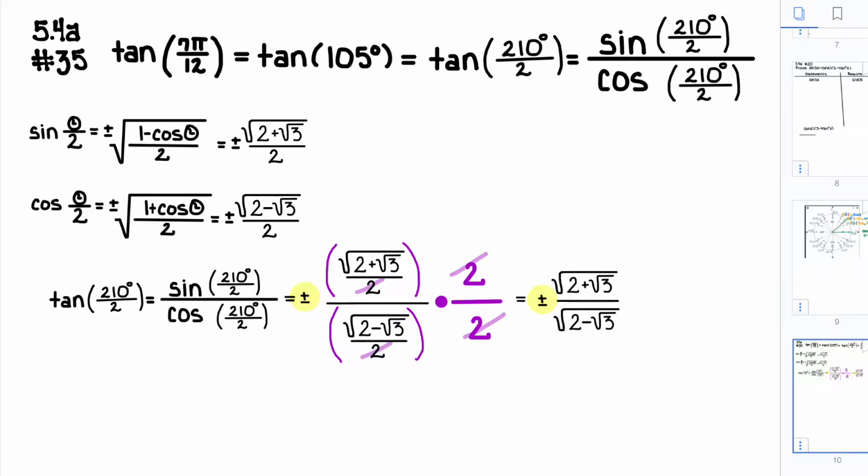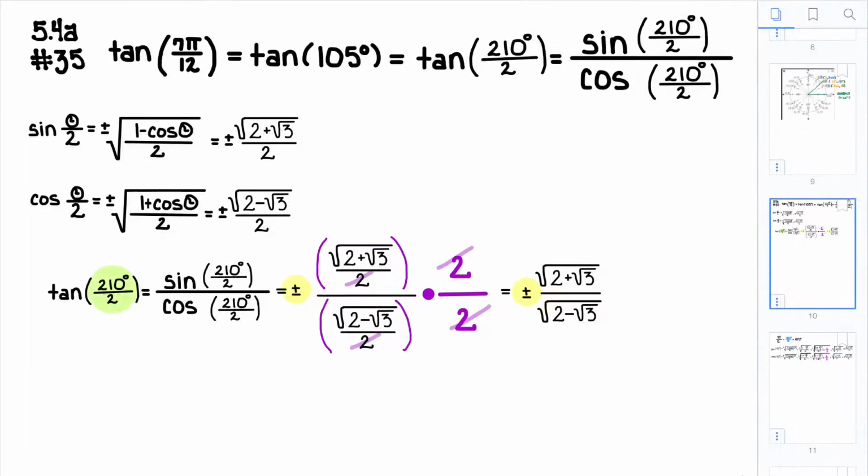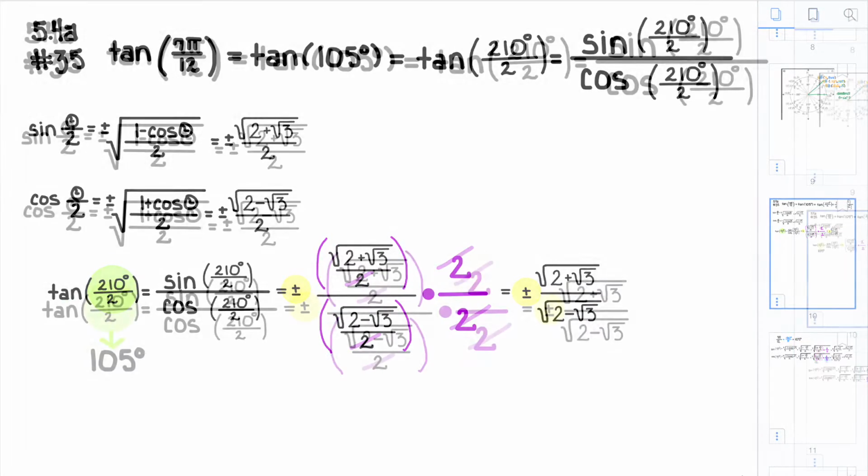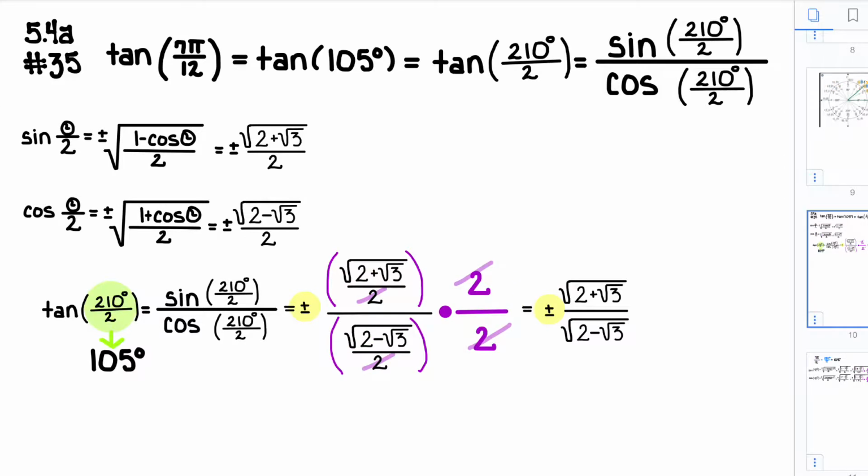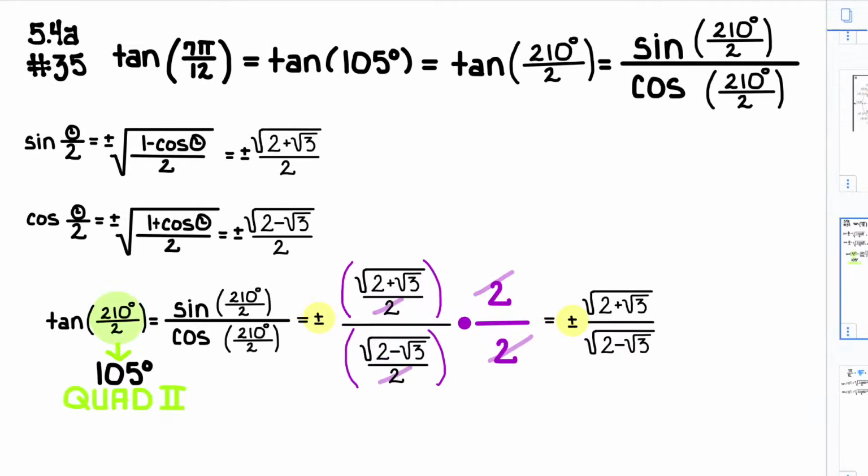Now let's decide if the sign of our final answer is positive or negative. We've done a lot of work here, but ultimately we're finding the answer to the tangent of 210 degrees over 2, which is the same thing as the tangent of 105 degrees. The angle 105 degrees is in quadrant 2.